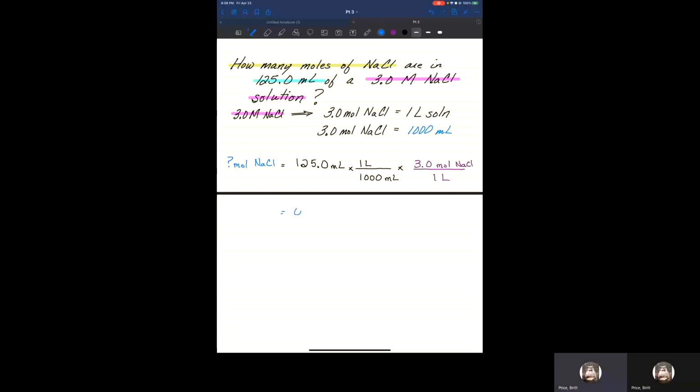So I end up with 0.375, and that gets changed to 0.38 mole NaCl. Molarity is experimental. It is experimental.